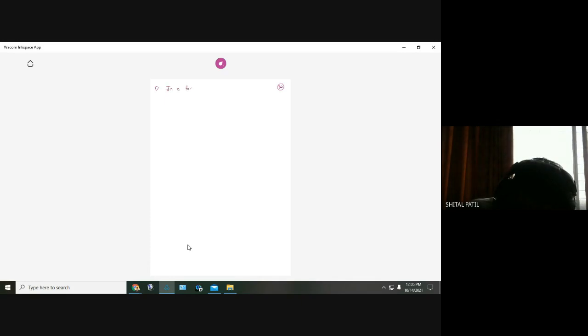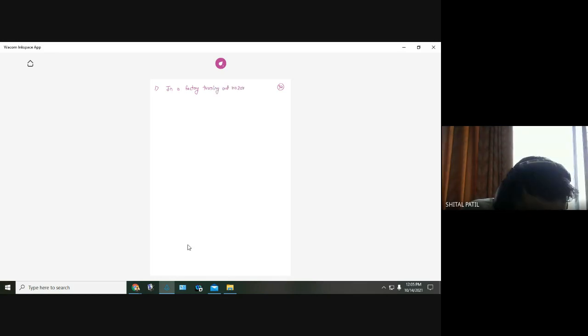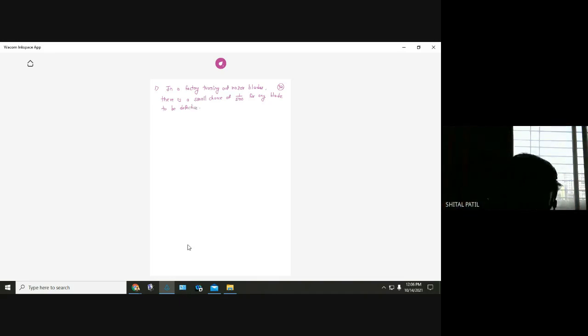In a factory turning out razor blades, so they are manufacturing blades, there is a small chance of 1 upon 500 for any blade to be defective. So you might have understood, out of 500 blades, one will be defective.